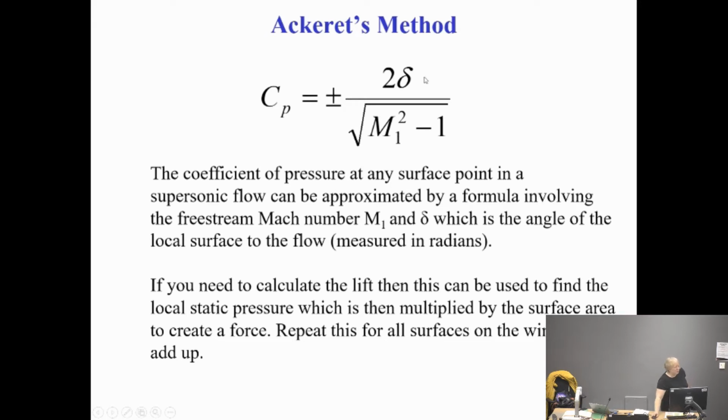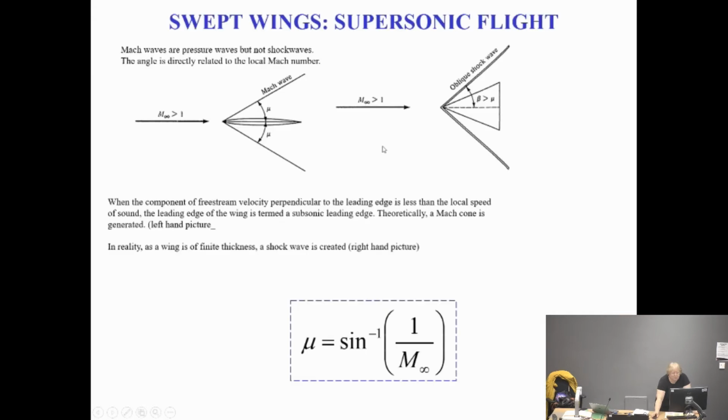That's an awful lot easier than many of the other ways that we do of calculating pressure. It is an approximation, but it's not a bad approximation, particularly for thin vehicles and particularly ones that are not so curved, much more flat, faceted type vehicles like stealth. But it's a very fast way to get a good value.